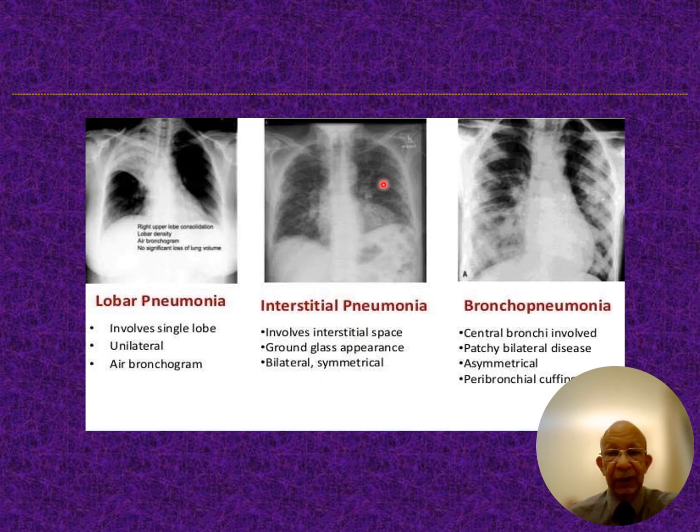And the classic thing is you see ground glass appearances on CTs, usually bilateral, symmetrical, or asymmetrical. The bronchopneumonia is actually patchy and bilateral, right? And it doesn't necessarily respect lobar anatomical distribution, and it's usually asymmetrical. So it's important to be aware of these three patterns, right? Lobar pneumonia, interstitial pneumonia, and bronchopneumonia.